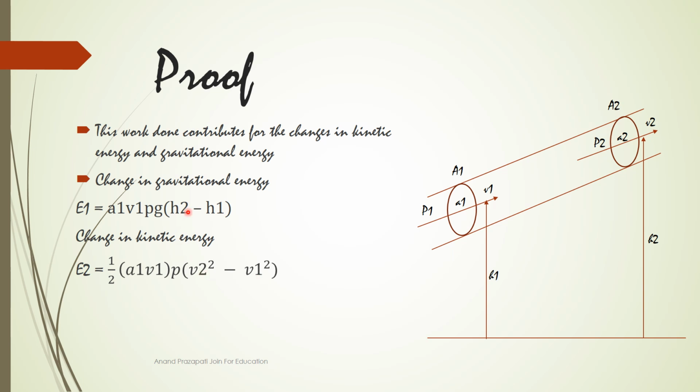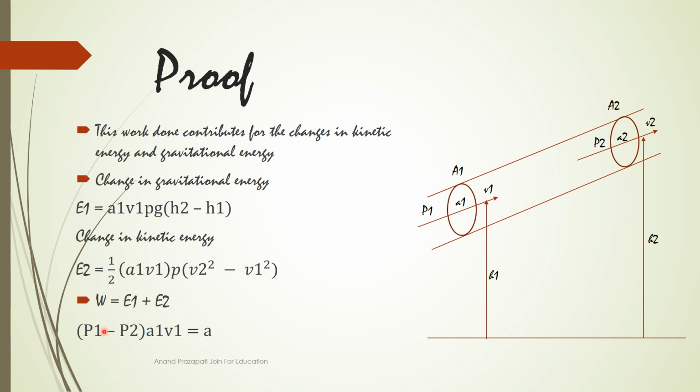So this is the change in gravitational energy, and this is the change in kinetic energy. Work done will be E1 plus E2. We already found the work done W, so put the values of W, E1 and E2 here.